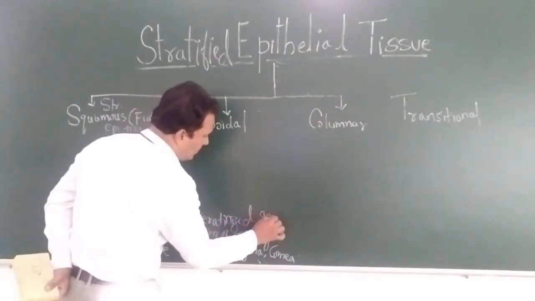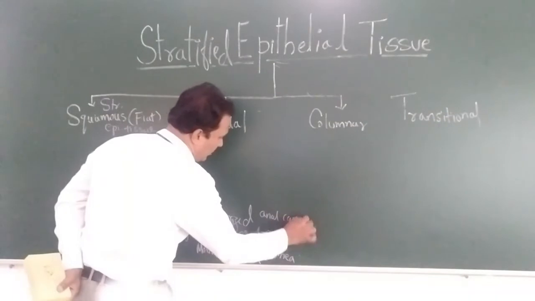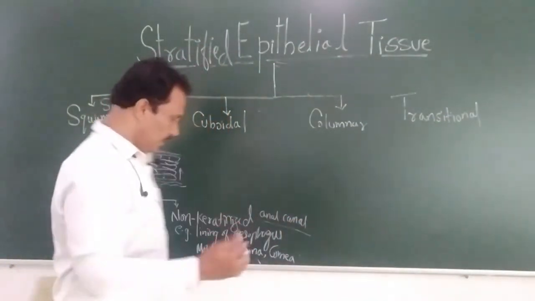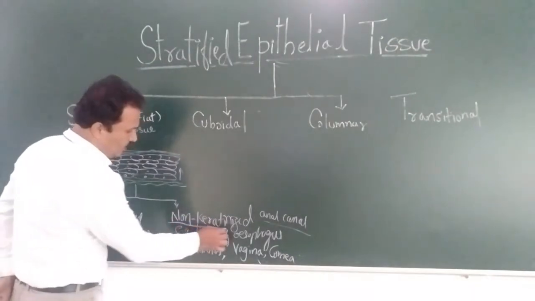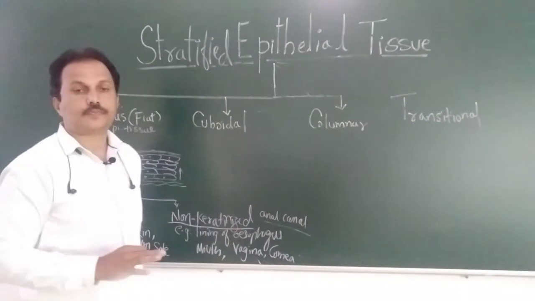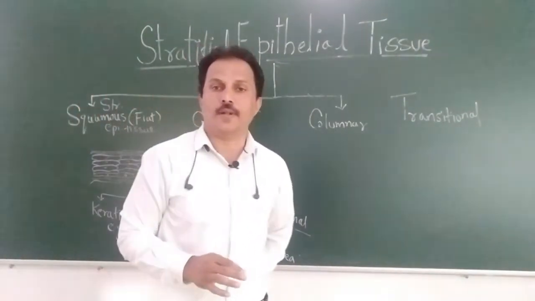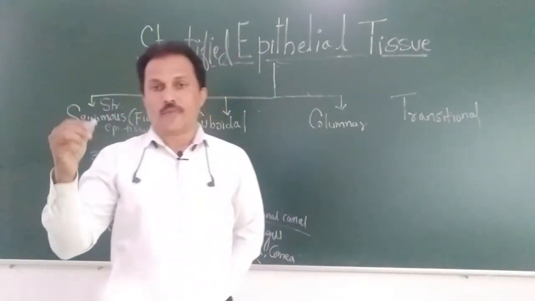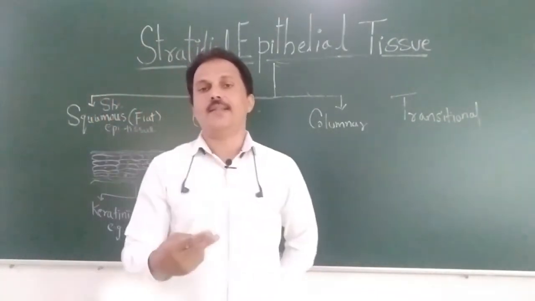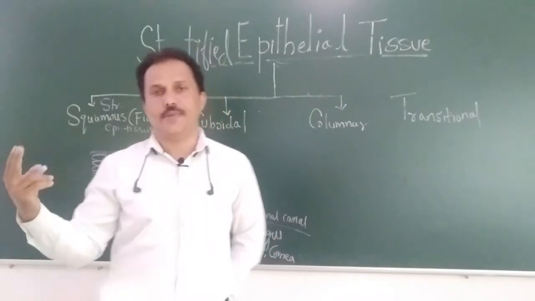At the canal of the anus where feces are expelled, you will also find non-keratinized stratified squamous epithelial tissue. So these are the examples of stratified squamous epithelial tissue. In that, there are two parts: one is keratinized and the other is non-keratinized tissue.